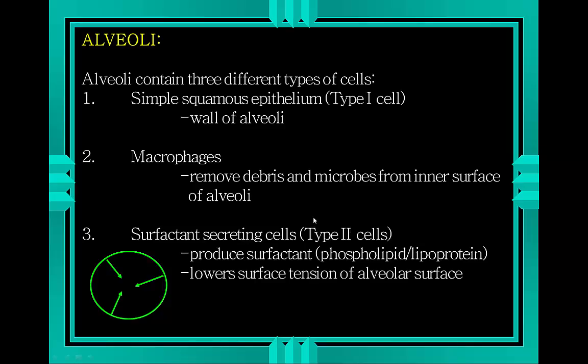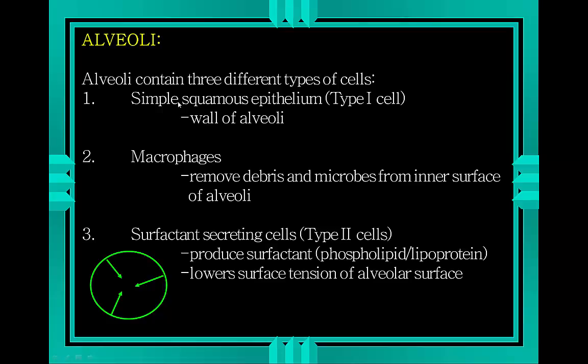Now, before we look at the diagram, we've got the alveoli. We will see in the diagram in a moment that the alveoli contain 3 different types of cells. Firstly, we have the simple squamous epithelial cells, which are commonly called the type 1 cells.